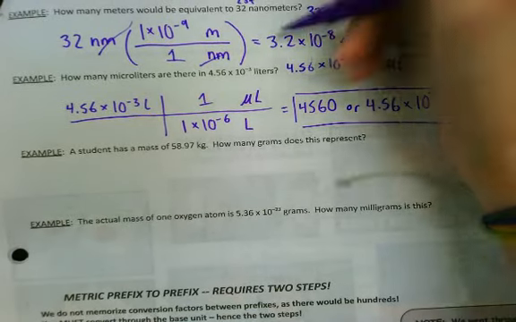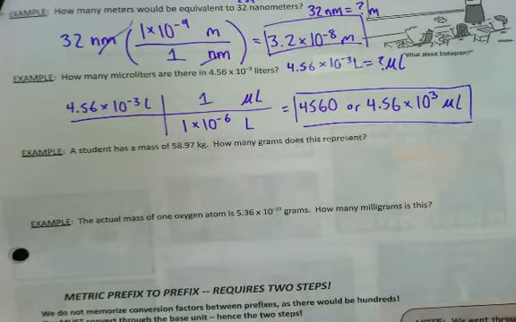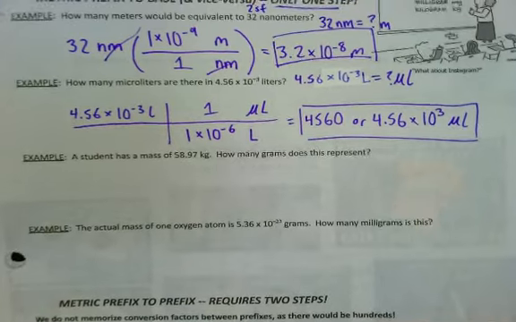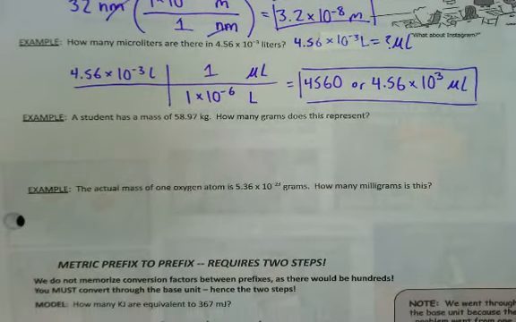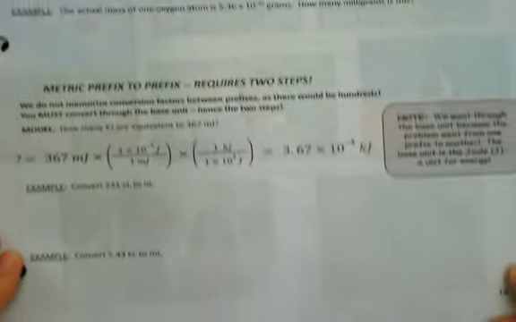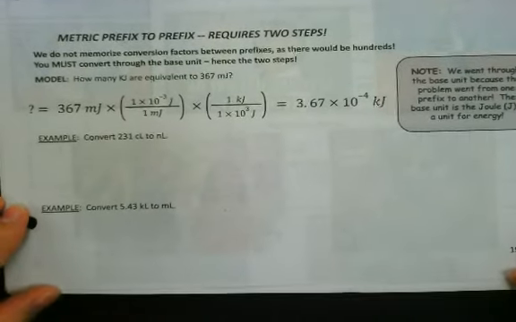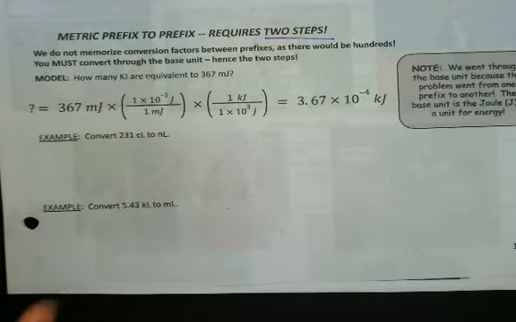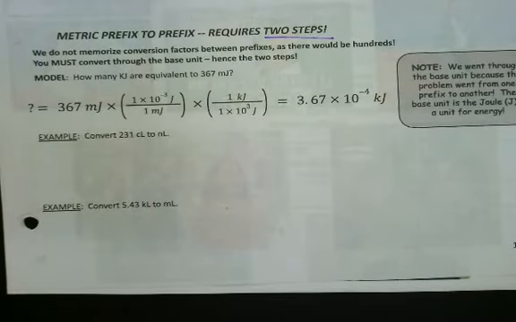What questions do we have about going from prefix to base or base to prefix? Good, we're solid, awesome. Then we're going to add a little more complexity to it. The last thing on our notes, we are going to cover metric prefix to prefix. So if you're going from prefix to prefix, these are going to require 2 steps.